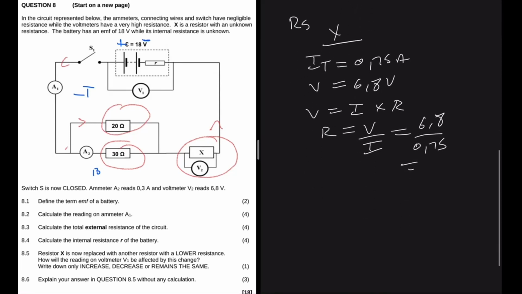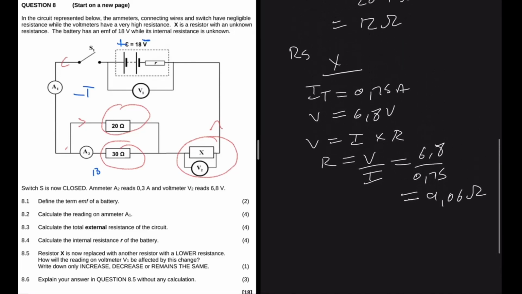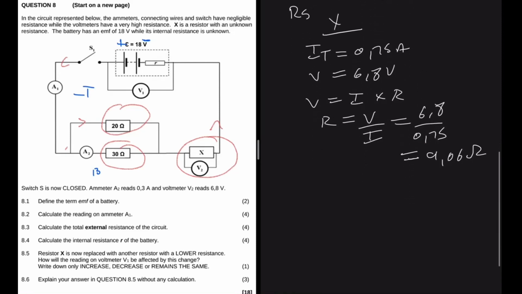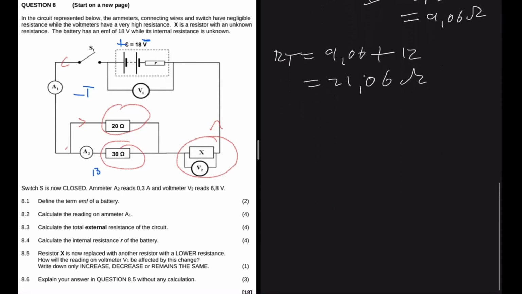When you put that in your calculator, you get 9.06 ohm. So that will be our RS. Now we can say R total is equal to RS, which is 9.06, plus RP, which is 12. So 9.06 plus 12 will give you 21.06 ohm.